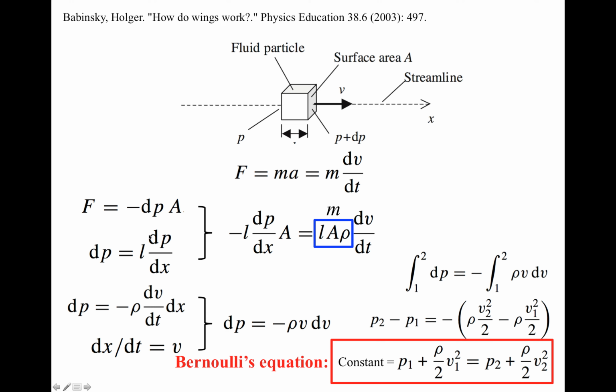And then we can bring this expression of dP back into the equation F equals minus dP times A. Then we get a new expression for F, the net force.